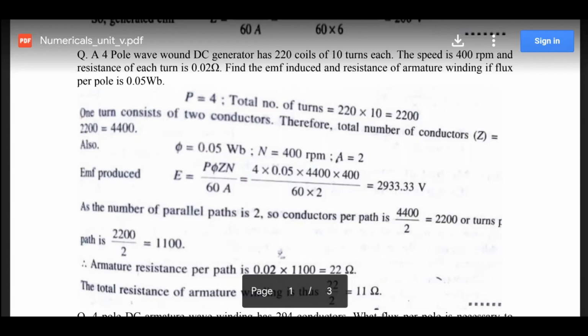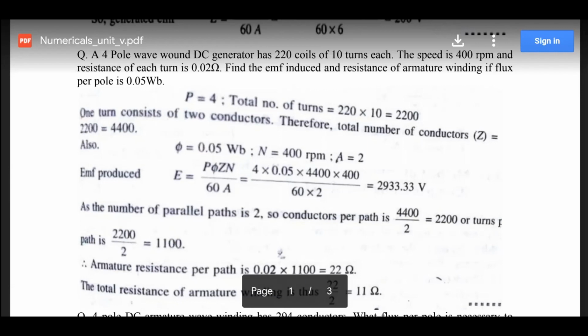So here it is a 4-pole machine and the total number of turns is 220 into 10, which becomes 2200 turns.